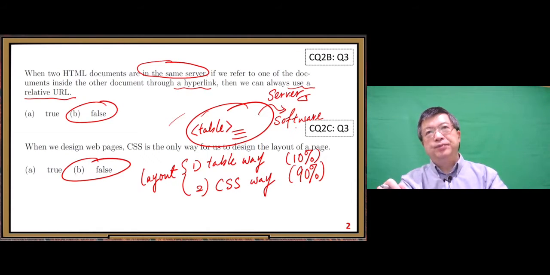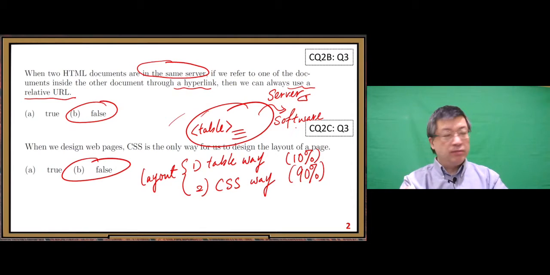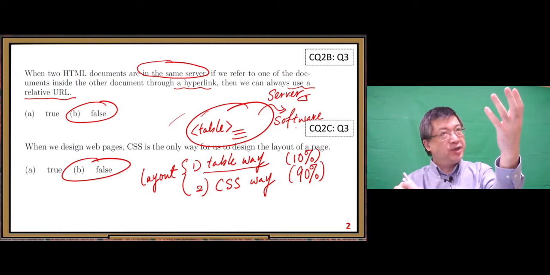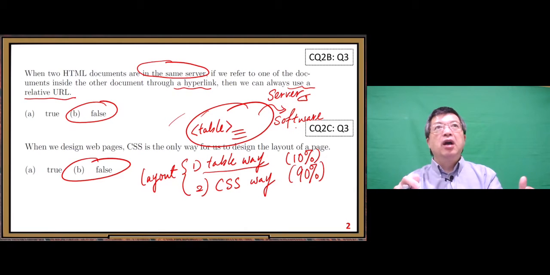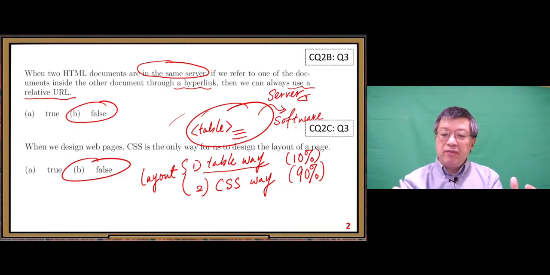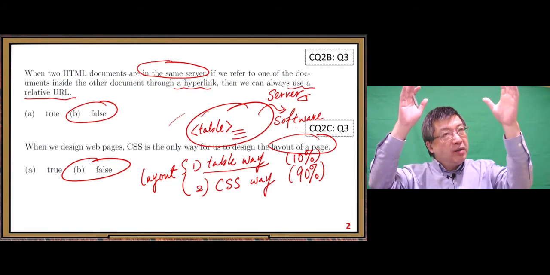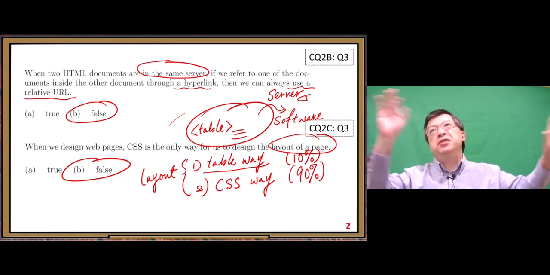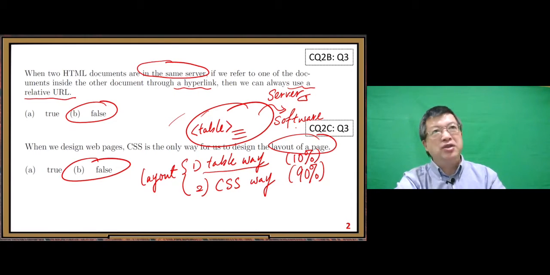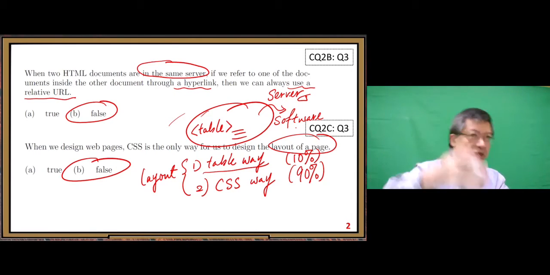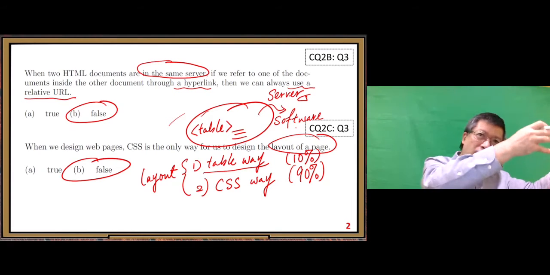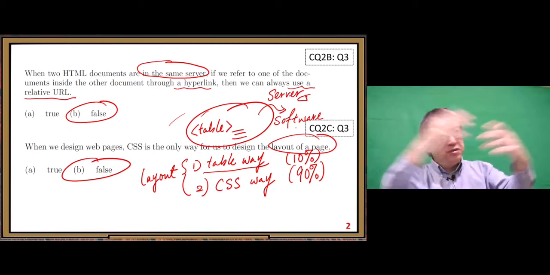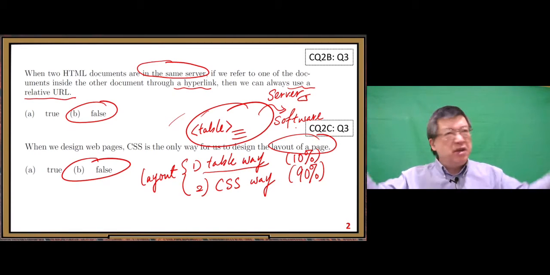So why is that? The reason, in our textbook, it talks about why table way is not that good, because when you design some relatively more complex layout, your table way could be very messy. Extremely, you can imagine, very nested tables, one table inside another table, nested, column span, row span, extremely messy.